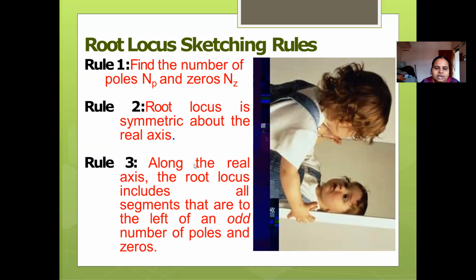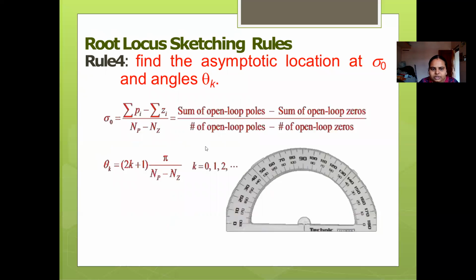Then rule 3 is that along the real axis, the root locus includes all the segments that are to the left of an odd number of poles and zeros. Based on how many zeros and poles are there, the value you will get from that depends. When you draw this, I will tell you in the next.